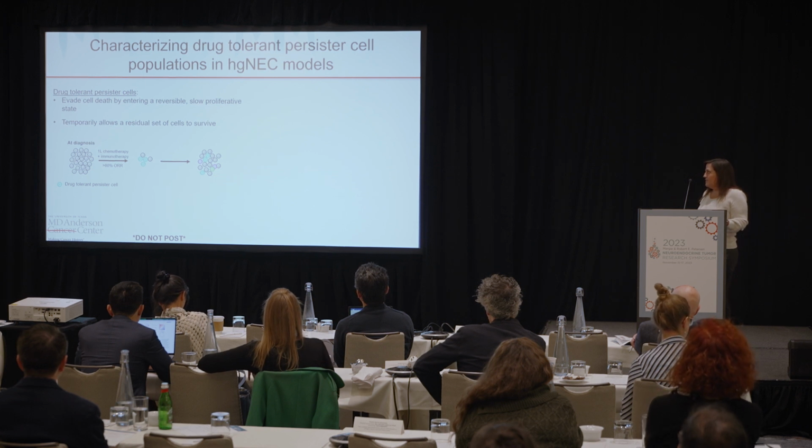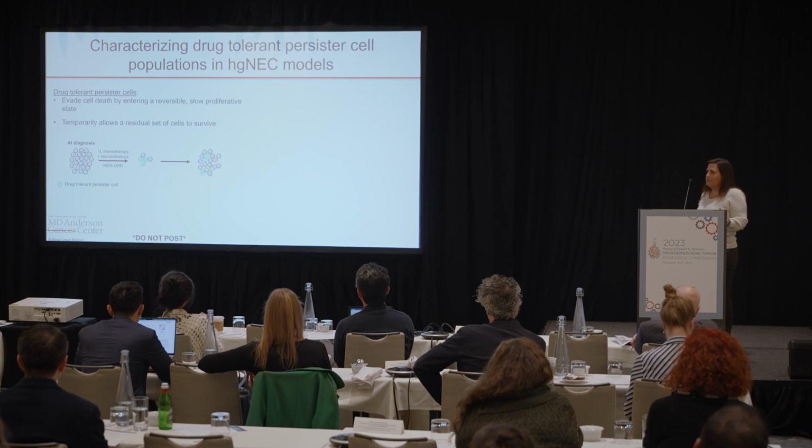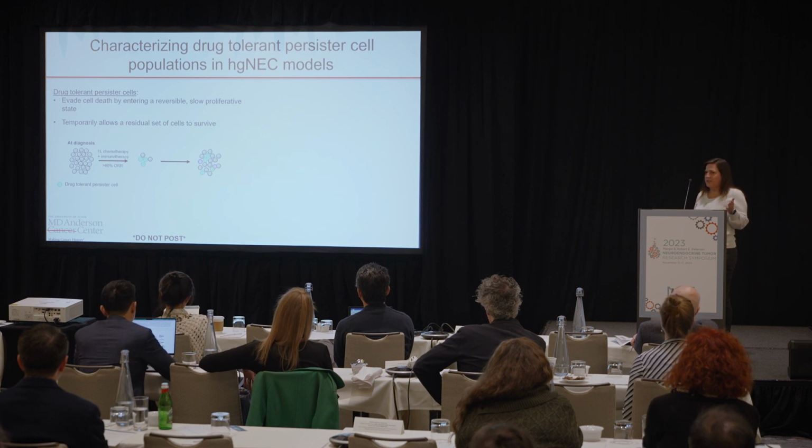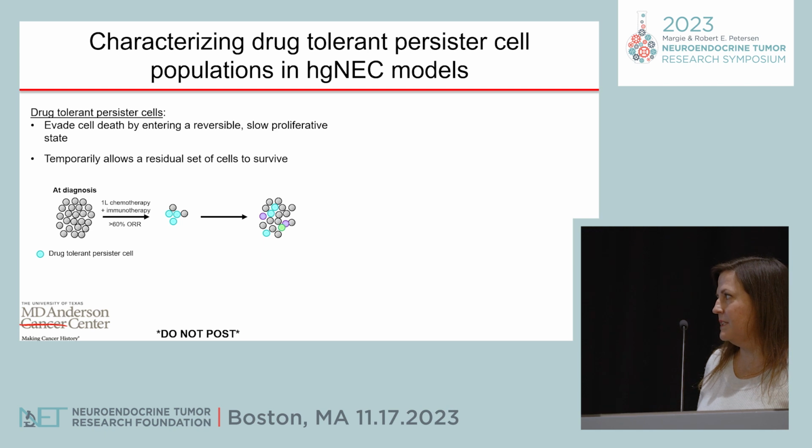And as I mentioned, we hypothesized that drug-tolerant persister cells are occurring in this disease. So when the patients respond well to platinum chemotherapy, most of the cells die off, but there is a population that sticks around, and these are able to repopulate the tumor. Drug-tolerant persister cells typically are described to evade death by entering a reversible, slow proliferative state.